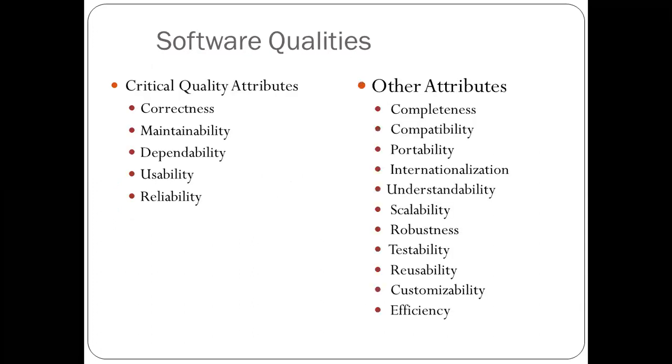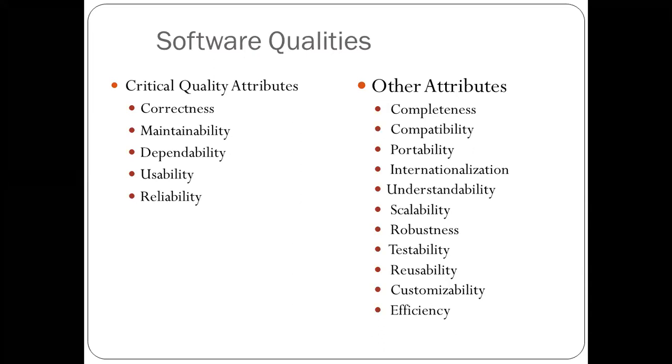Now here we can see software qualities: how we are going to classify them and how we will maintain the quality of the software product. If we are going to maintain that, then we must concentrate on several factors. First are the critical quality attributes. So what are the critical quality attributes?